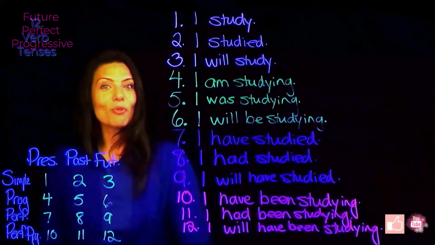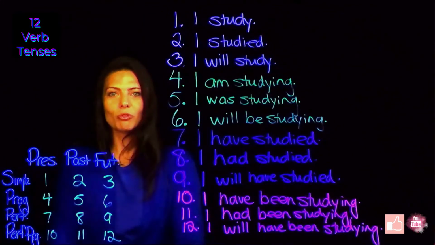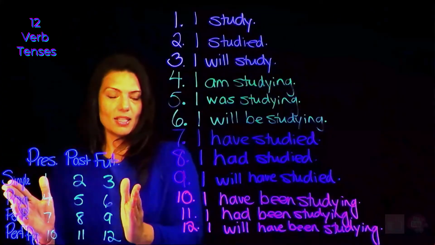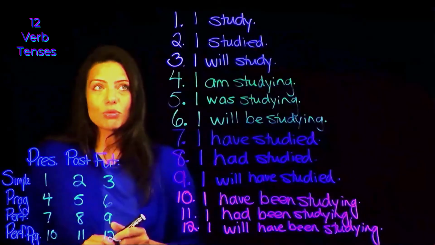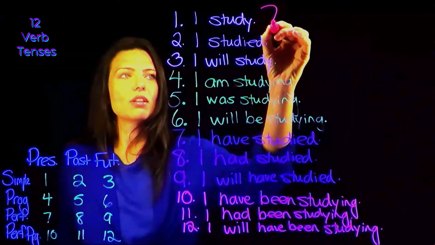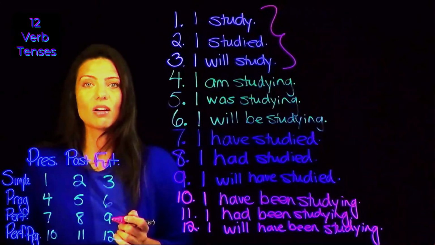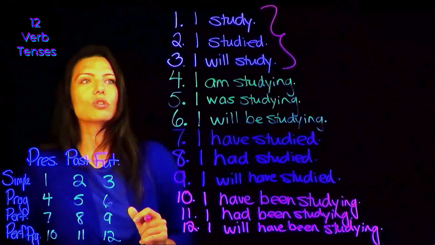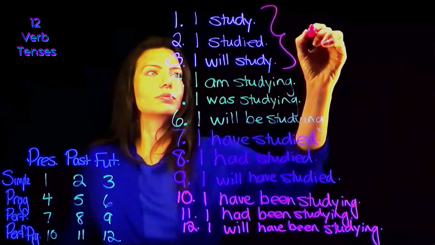All right, so that wraps up our lesson for today. I hope that is really, really helpful for you because now you know there are 12 verb tenses in English and you can see the forms. So just to review, let's take a look. These 3 examples here, what verb tense are those? What aspect are those? Okay, so in this case here, you know, these are all simple.